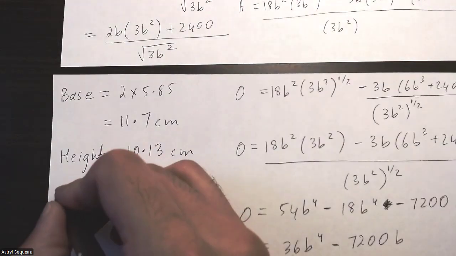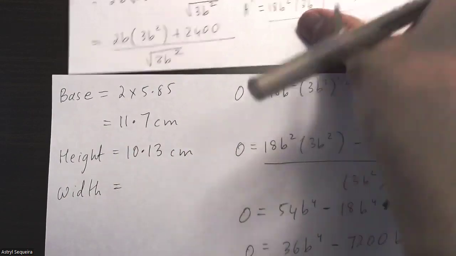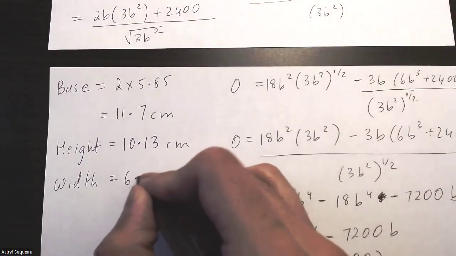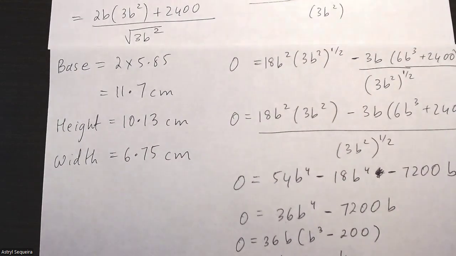And then the width of this prism, calculated right there, is 6.75 centimeters. And these are the dimensions that minimize the area of this equilateral triangular prism.